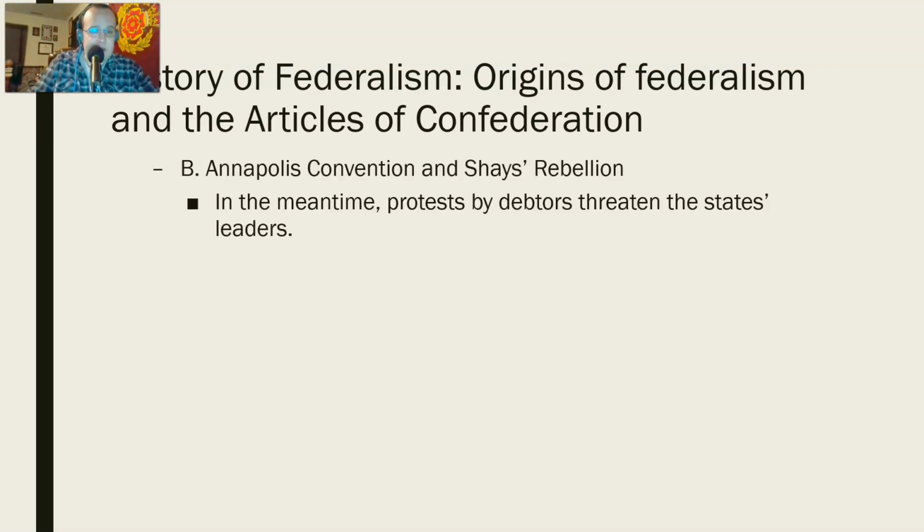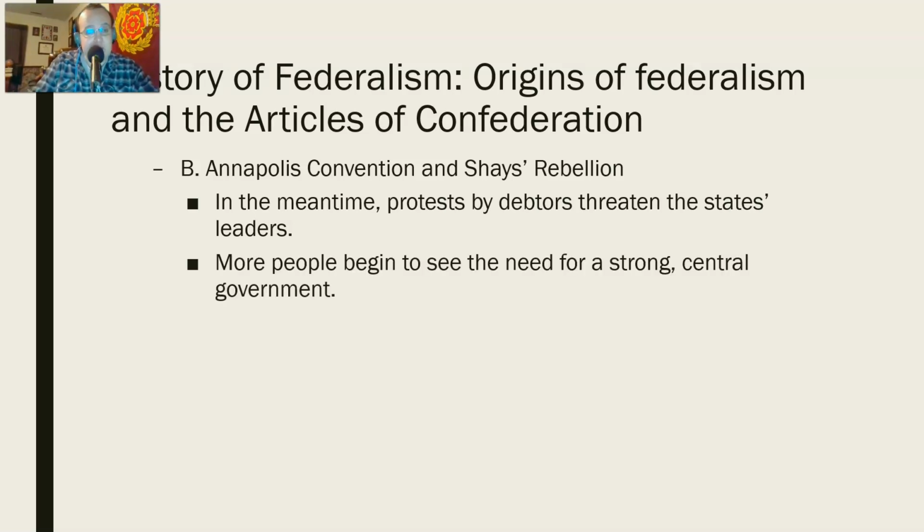So while this was happening between the Annapolis Convention and the Constitutional Convention, Shays' Rebellion occurs. Protests were held by debtors, and they really threatened the state's leaders. More and more people began to see the need for a stronger central government.